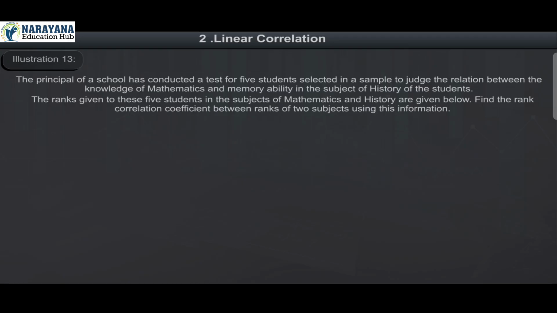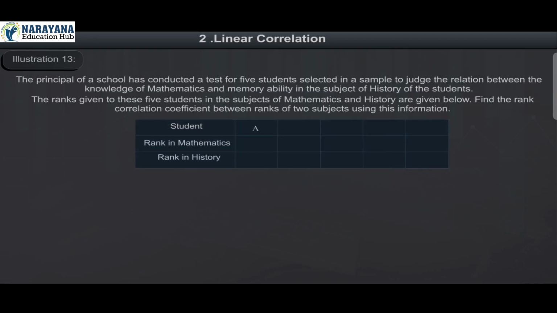Find the rank correlation coefficient between ranks of 2 subjects using this information. Student, rank in mathematics, rank in history. A 2, 4, B 5, 1, C 1, 5, D 4, 2, E 3, 3.